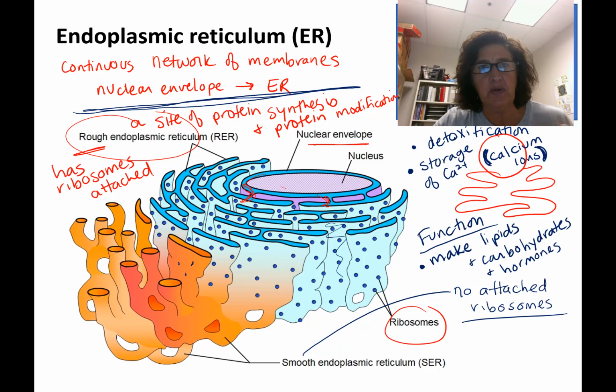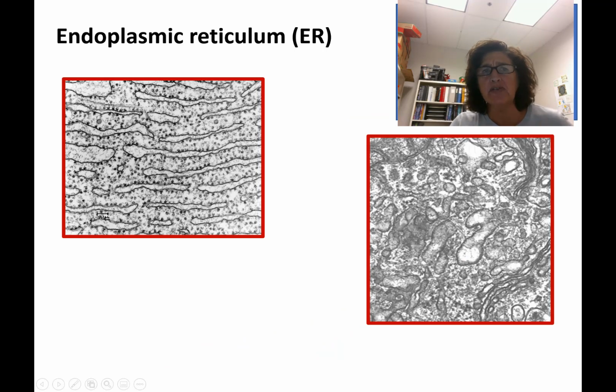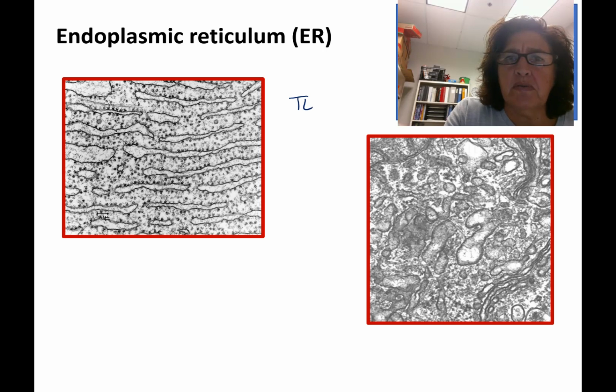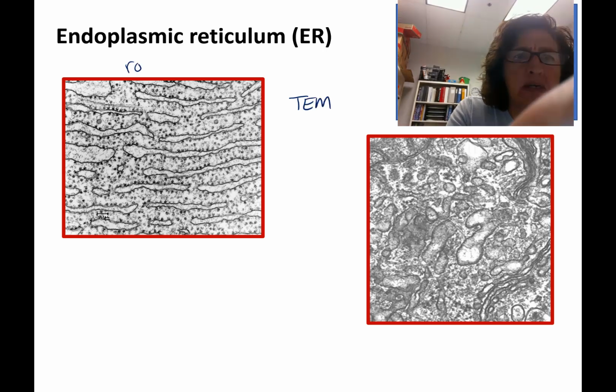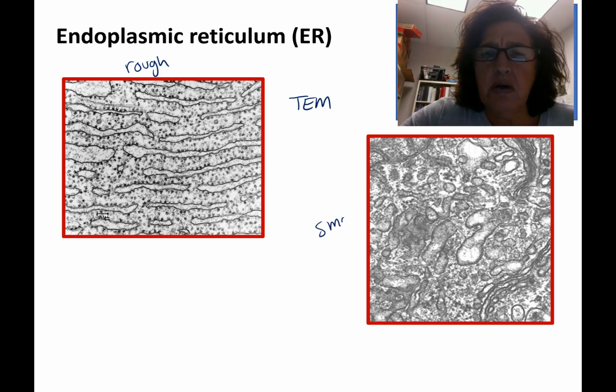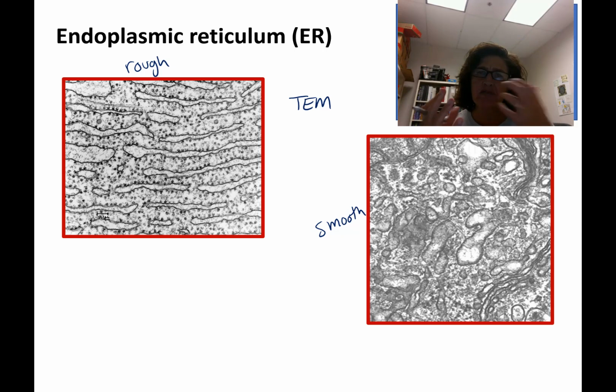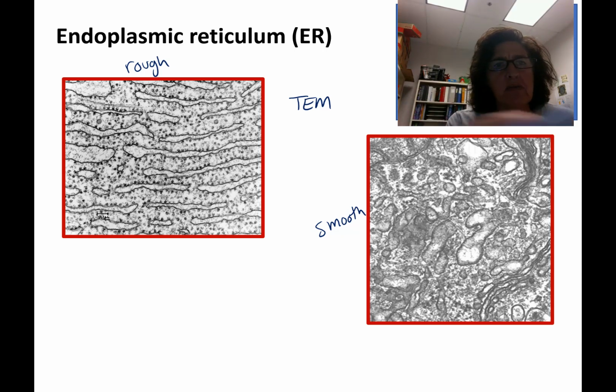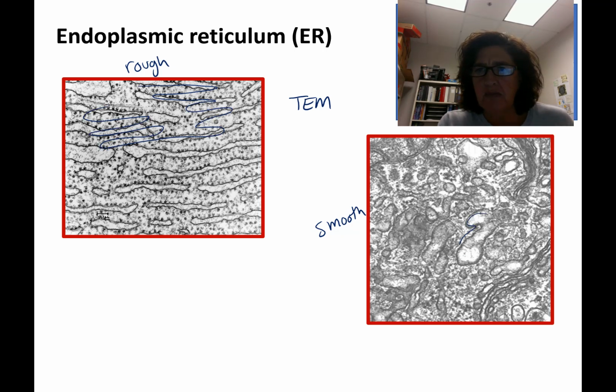Again, eukaryotic cells, both plant and animal, and these are just some TEM micrographs of the smooth and the rough ER. So this one hopefully you recognize as rough because it has all those dots on it. This one is smooth. And it's interesting, they kind of change shape. So you can see that the rough, this is why I draw it like this, is just this back and forth network. And then the smooth seems to be more tubular. And that is based on how they're working, their function.